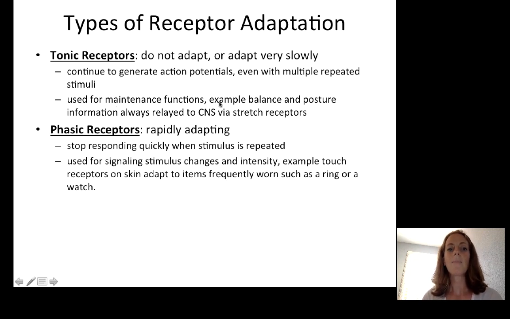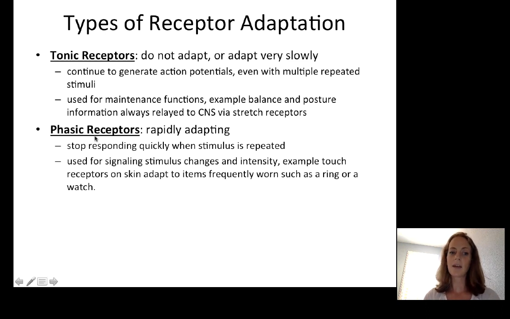For example, balance and posture information is always relayed to your central nervous system through stretch receptors. We don't want them to stop responding because we want to always be sending information about balance and posture. But over time, you might start to respond less to these stimuli.